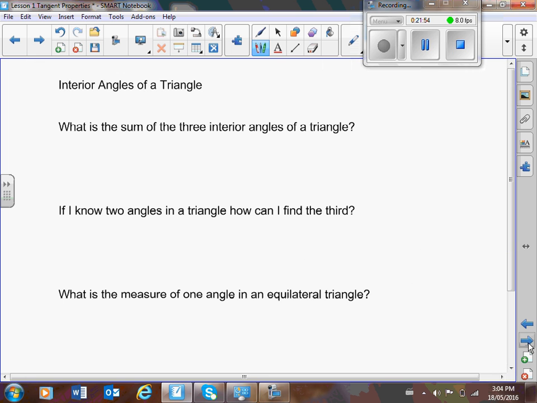All right, that brings us to the interior angles of a triangle. So what is the sum of the 3 interior angles of a triangle? We already talked about that: 180 degrees. If I know 2 angles in a triangle, how can I find the third? Well, I would add angle 1 plus angle 2, and then subtract from 180.